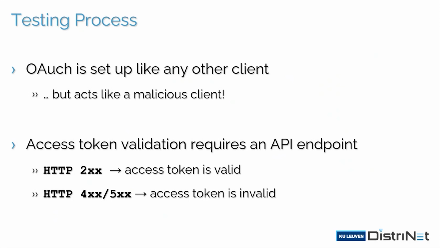If the access token is invalid, obviously the API call shouldn't work, and then we would get a 400 or 500 HTTP answer. So this is how OAuch tests whether an access token is valid or not, and this is of interest for some test cases.